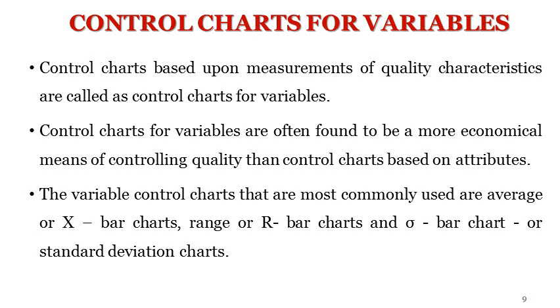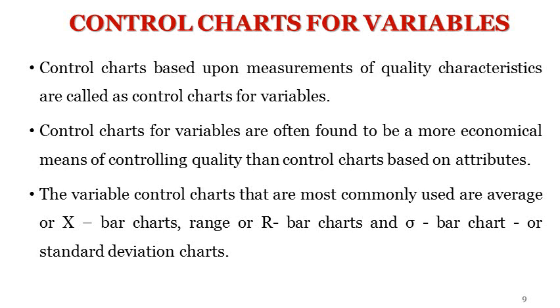Consider the product has an actual length of 15 centimeters. We will take samples, maybe 10 samples from one lot. We will get a first reading of 15 centimeters, then 15.1, 14.9, like that we will measure all the lengths, and then plot them in a systematic manner. That will be the control chart for variables.